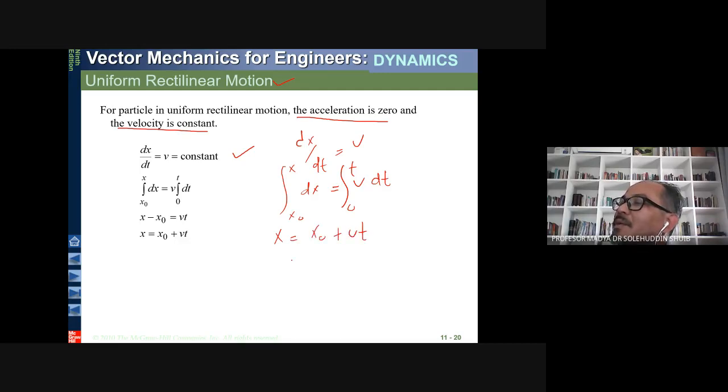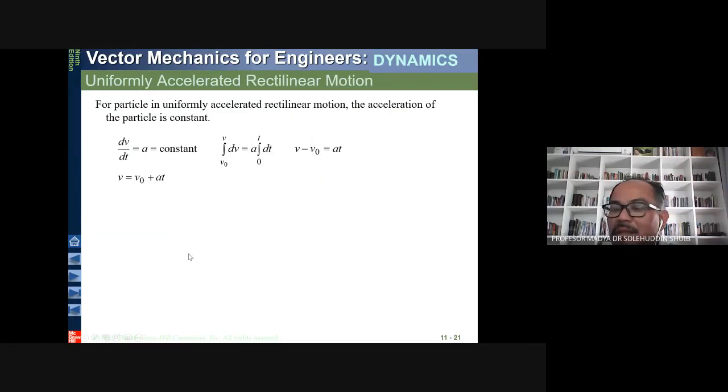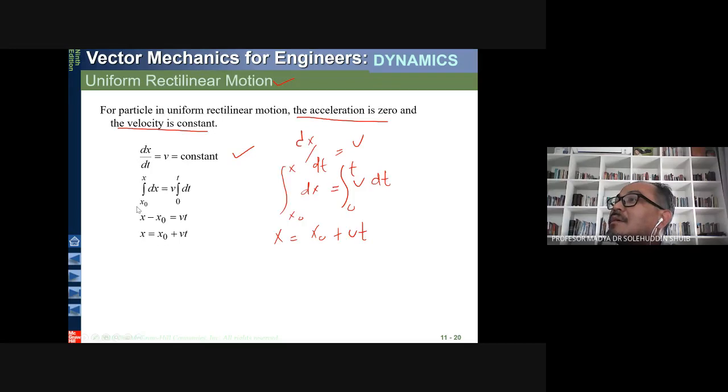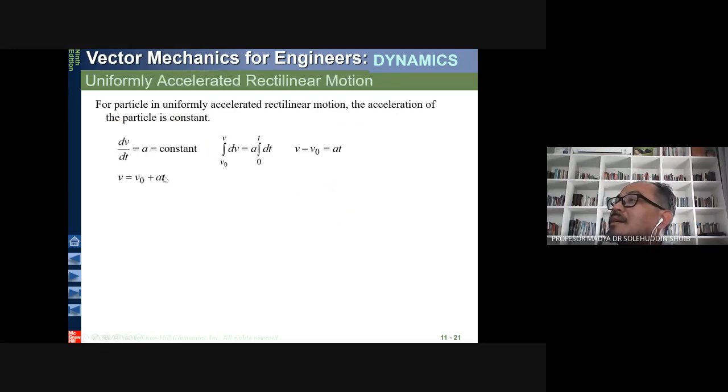I think you're familiar with this equation, because we have gone through all of this quite some time ago. x equal to x₀ plus vt. And then the next one is v equal to v₀ plus at.